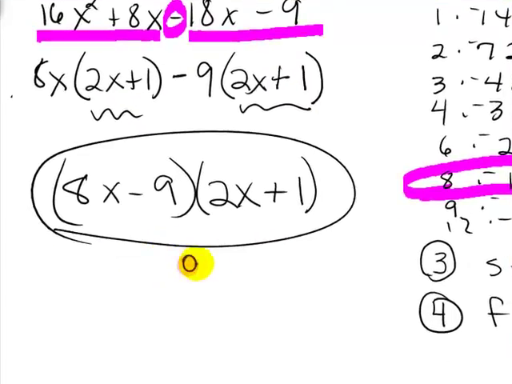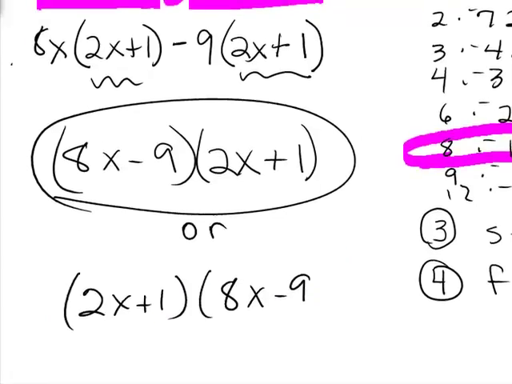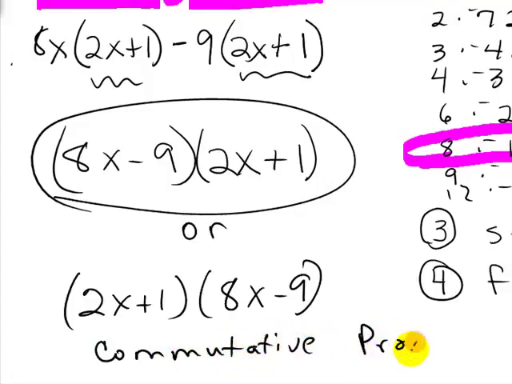And remember, this is also correct by the commutative property. So it can be written in any order. The first factor can come second. Okay.